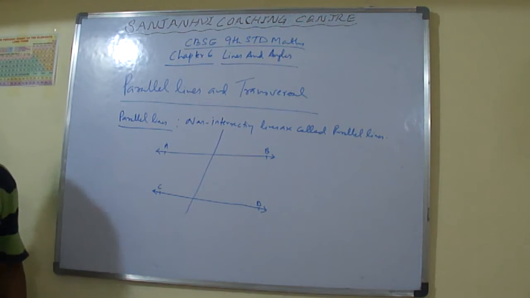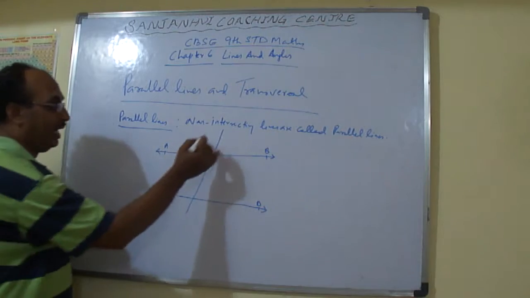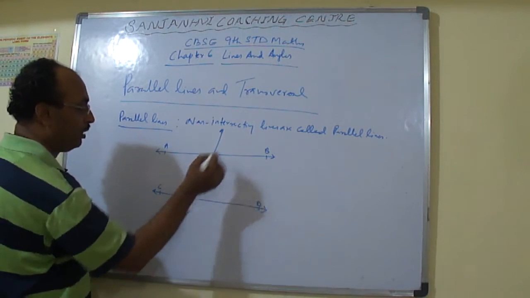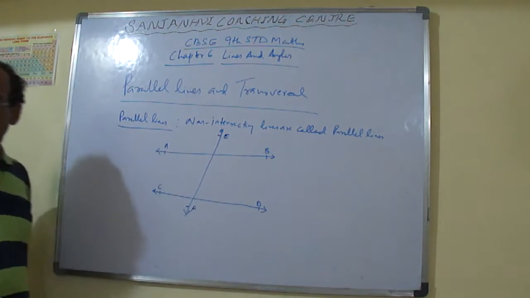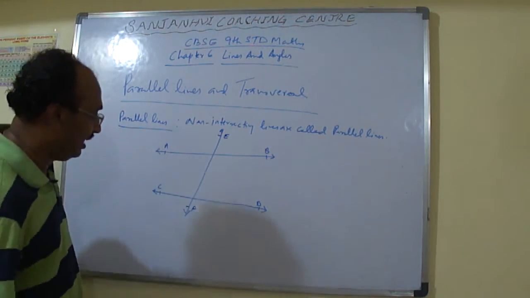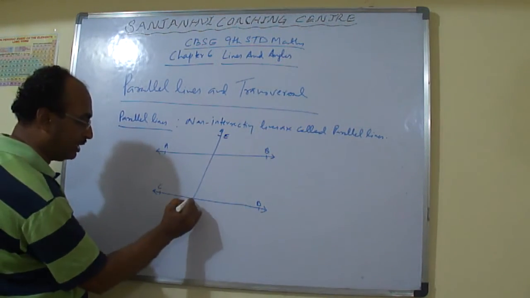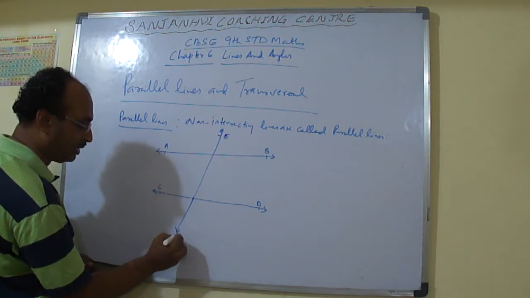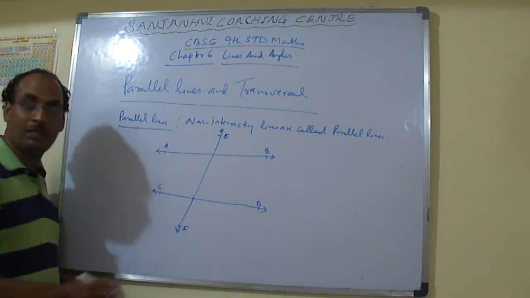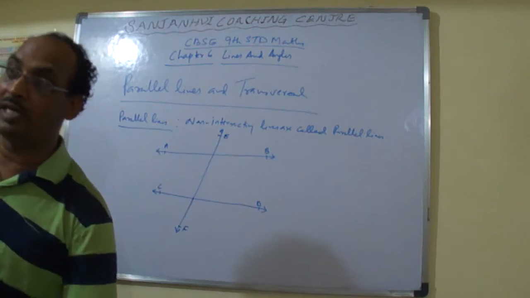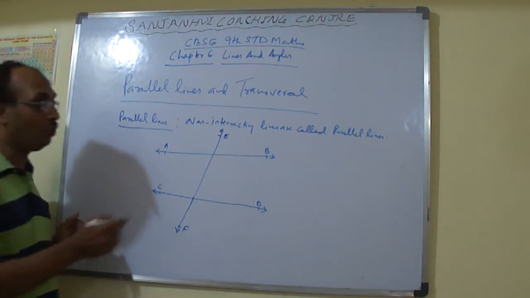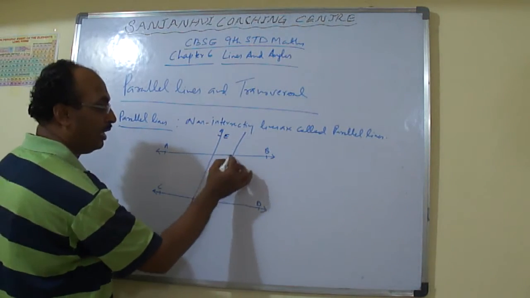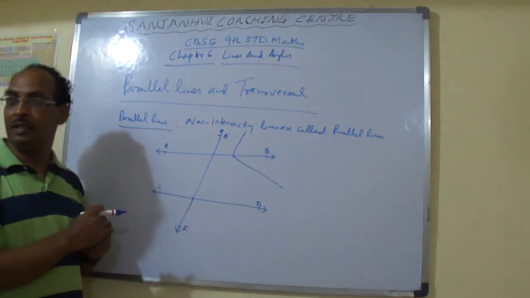Yes or no? Okay. So any other line, you can say E and F, which will be intersecting those two lines, will be called a transversal. It should be a straight line only. It should not be like this and then like this. Correct?